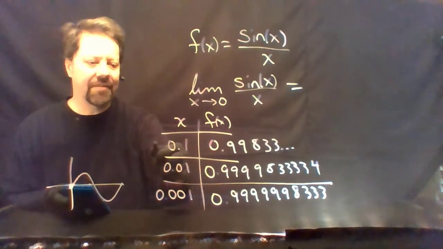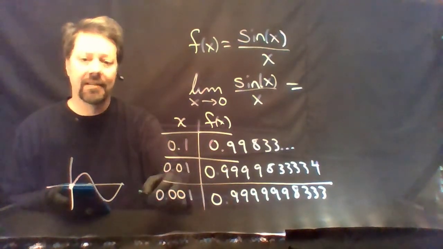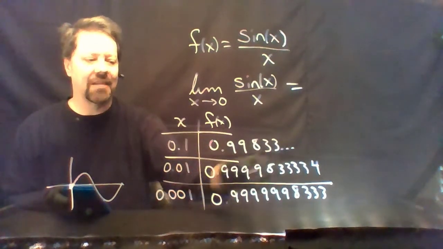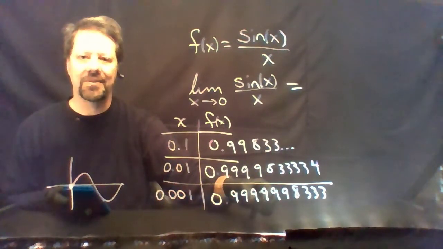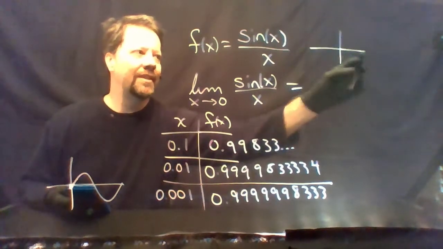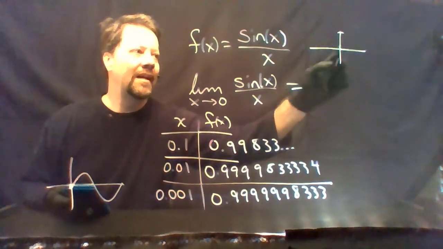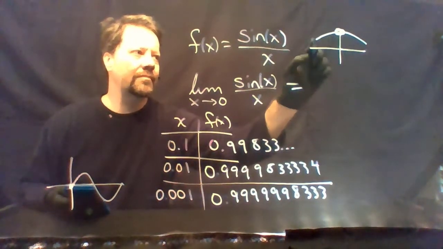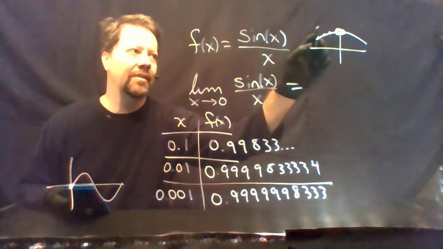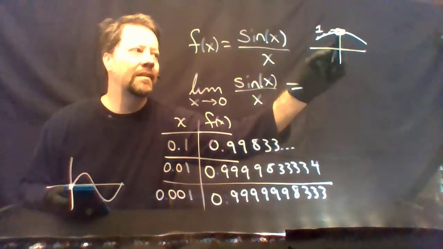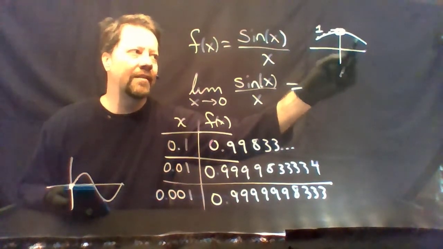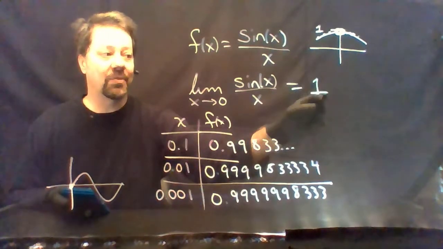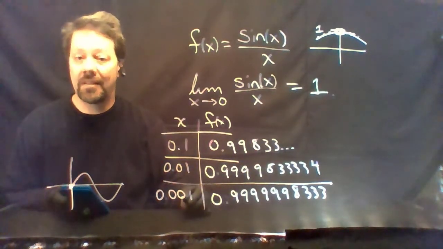This is true even if you put a negative in front of these. Go ahead and try it. If you put a negative in front of these, you get the exact same positive values. So whatever this function does, as you get closer and closer to 0, the function value gets closer and closer to 1. Though there is a hole in the graph there, that doesn't mean that the limit doesn't exist. The limit, as we shall prove later in the course, is exactly 1.